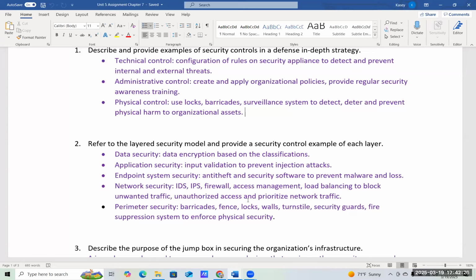Then you have application security, as I mentioned before, input validation. If you're not familiar with input validation, it's really a way to check how data is entered into the application. Like when you're filling out a form online, right?